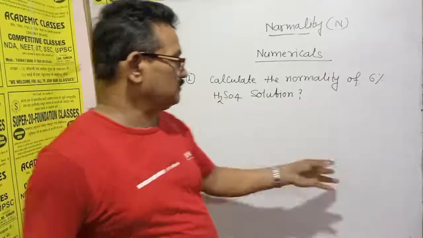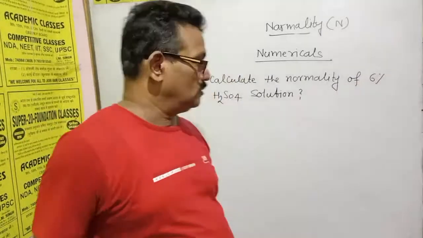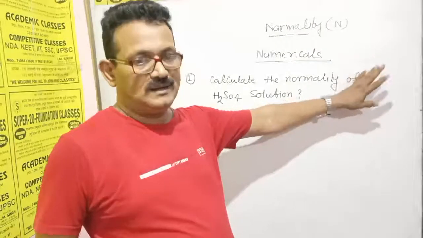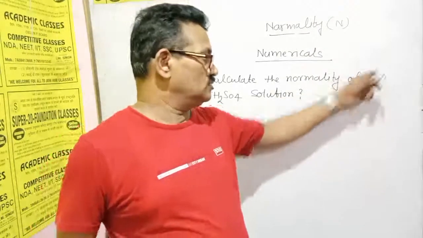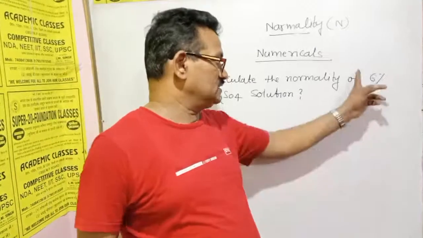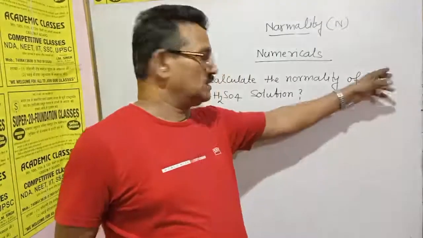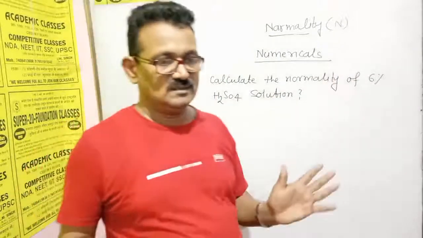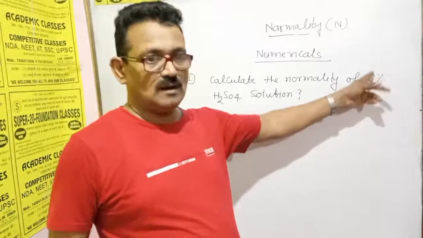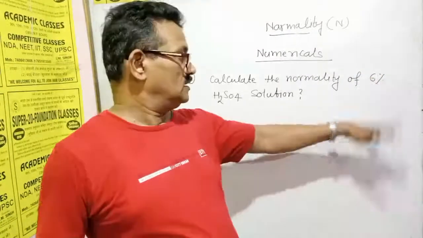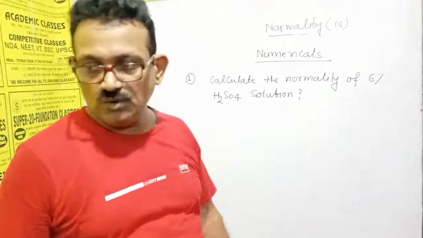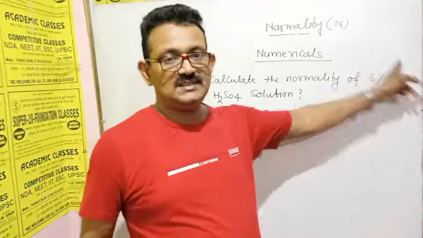What is the meaning of percentage? The solution volume is 100 milliliter and the solute is 6 gram. 6 gram solute dissolved in 100 milliliter solution is known as 6% solution.